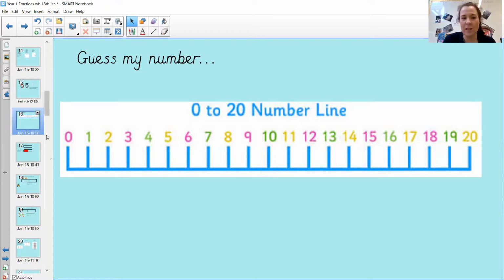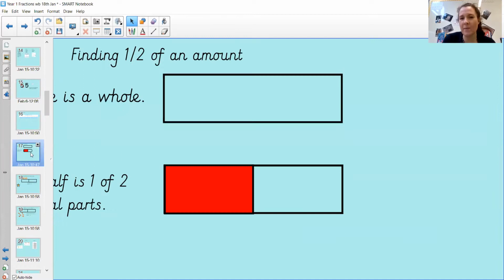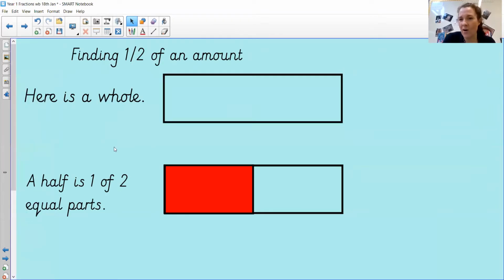Okay, so moving on. I said earlier, we're going to be thinking about finding half of an amount of objects today. And what that means is we're going to have an amount of objects and we're going to find out what half of those objects would be. So we're just going to go over a few of the words and the sentences that we've been thinking about this week.